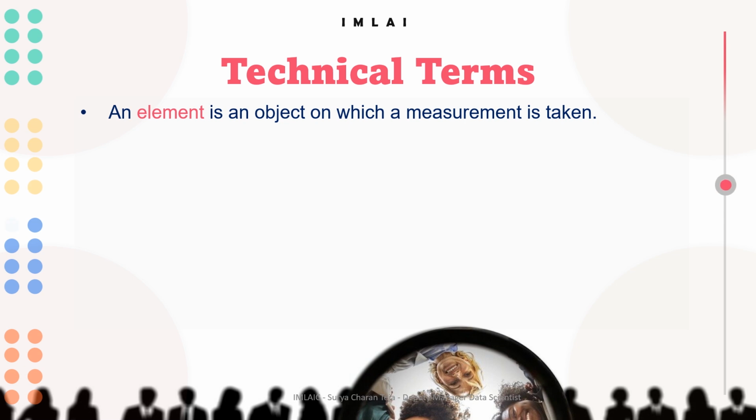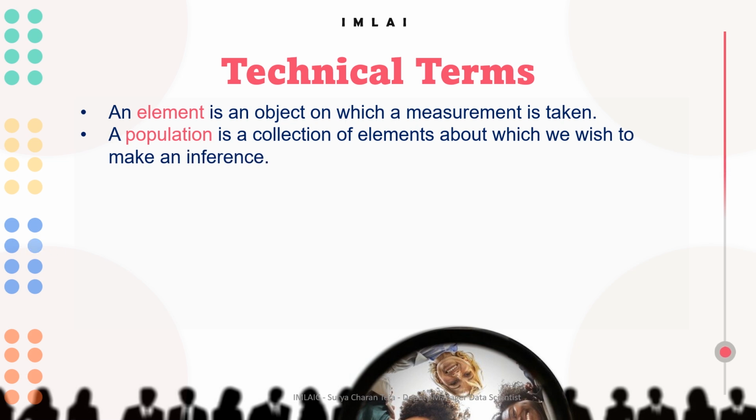Then we have population. A population is the entire group of individuals or items that the company is interested in studying, or in other words, a collection of elements about which we wish to draw conclusions. So that's what a population is. We have two types of population we have seen before. You can watch that video also: target population and study population.